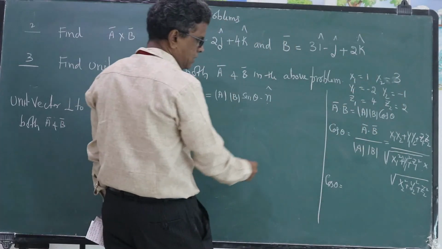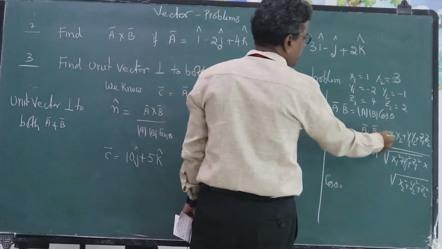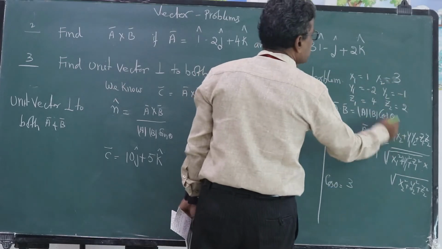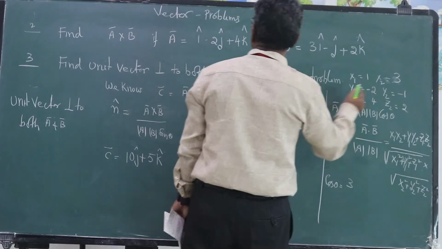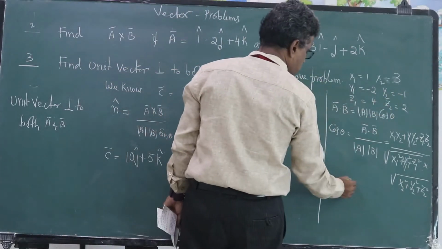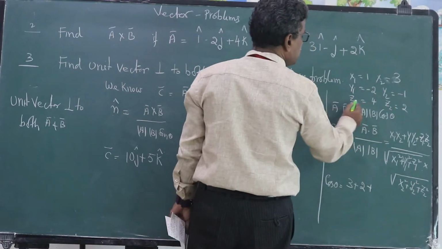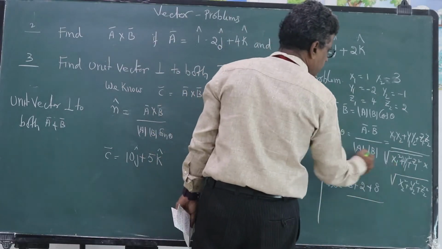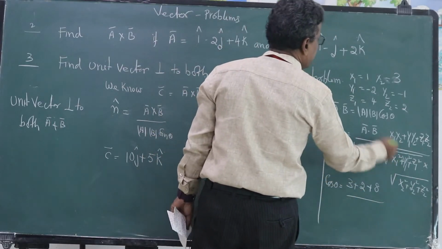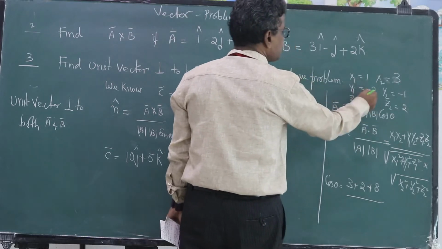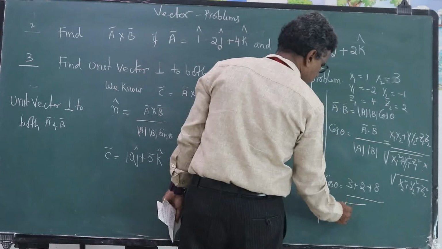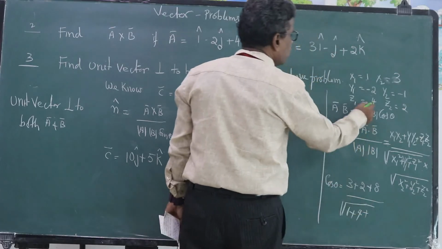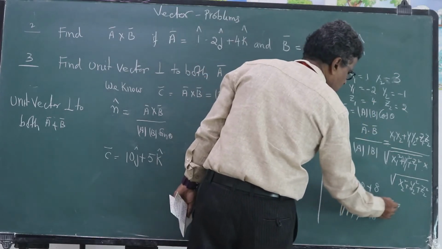So we can write A bar dot B bar, that is x1 x2, 1 into 3, plus y1 y2, this is -2 into -1 which is plus 2, plus z1 z2, 4 into 2 is 8, by mod A. Mod A is x1 square plus y1 square plus z1 square: 1 square is 1, plus -2 square 4, plus 4 square 16, root.